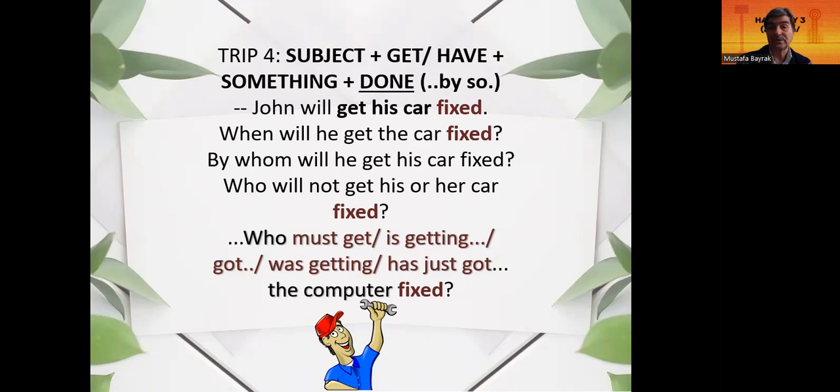Yes, for example, modals. Who must get the computer fixed? Your brother must get his computer fixed. Who is getting his computer fixed? Yes, fixed is fixed here, okay? It does not change in any situation.